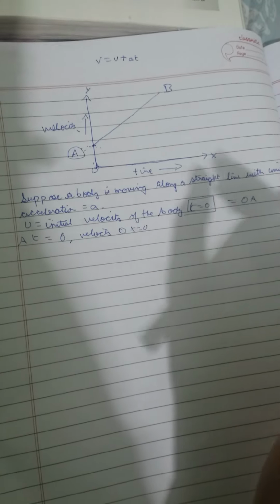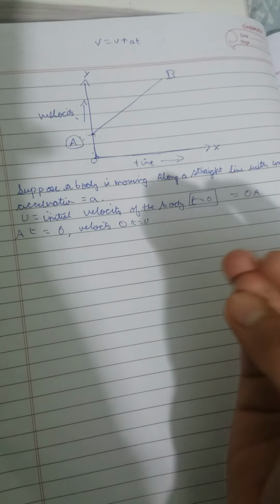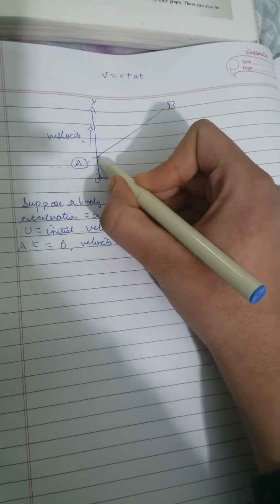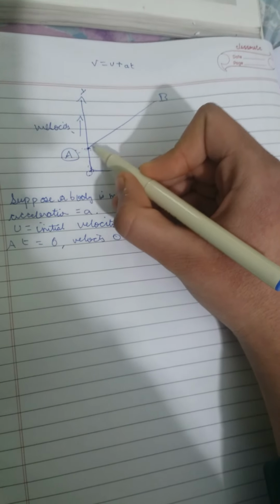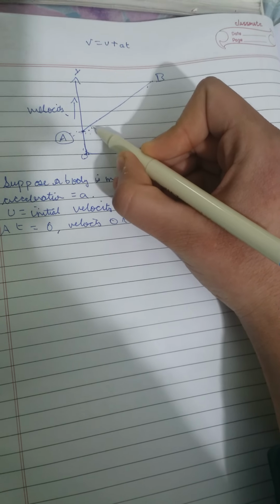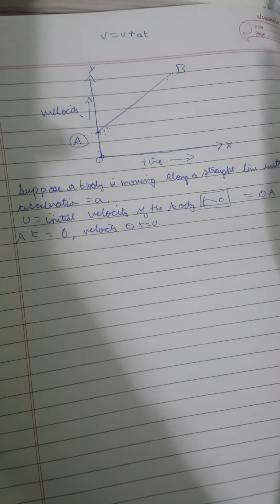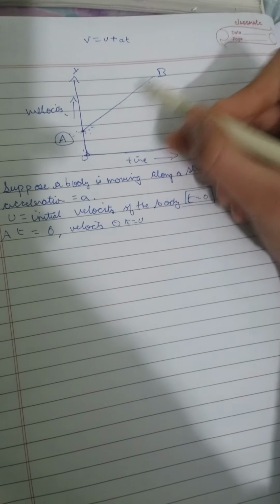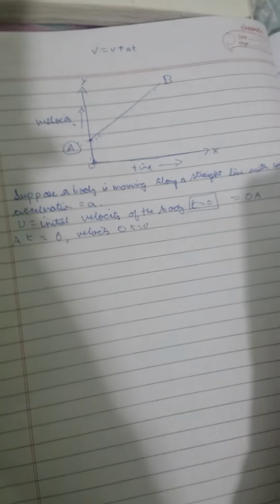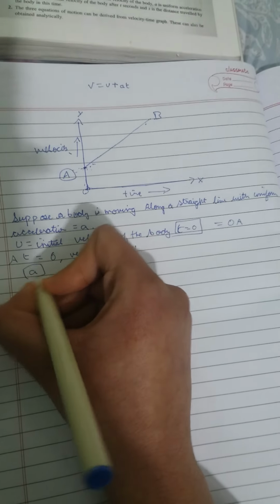In going from A to B, the velocity of the body goes on increasing at a constant rate, which is apparent from the graph. The graph of an object which is uniformly accelerating is always a straight line like this. So it is increasing at the rate of a, which is the acceleration, right?